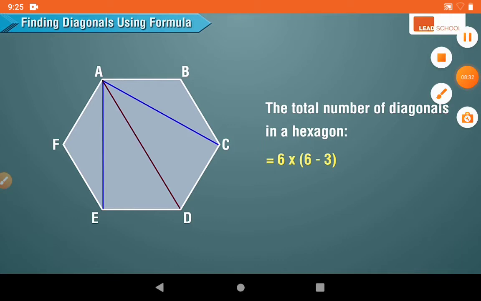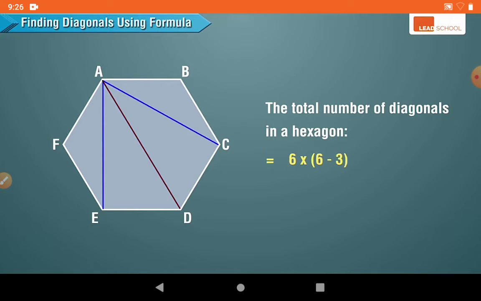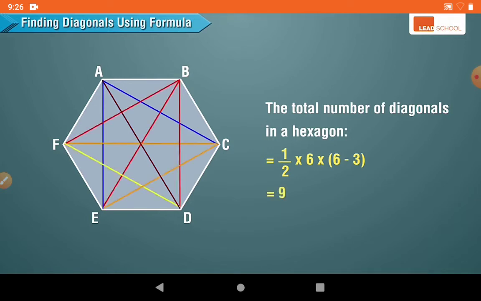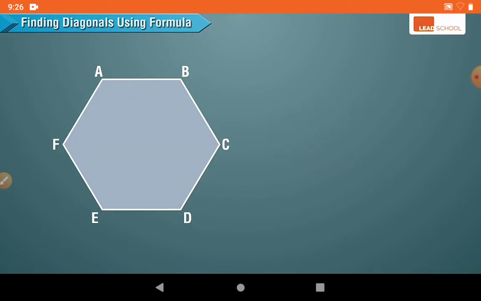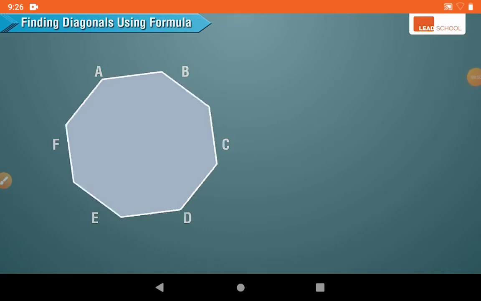So, the total number of diagonals in the hexagon will be half of 6 times (6 minus 3). This will equal 9. Let us use this approach to derive the formula for the number of diagonals in an n-sided polygon.